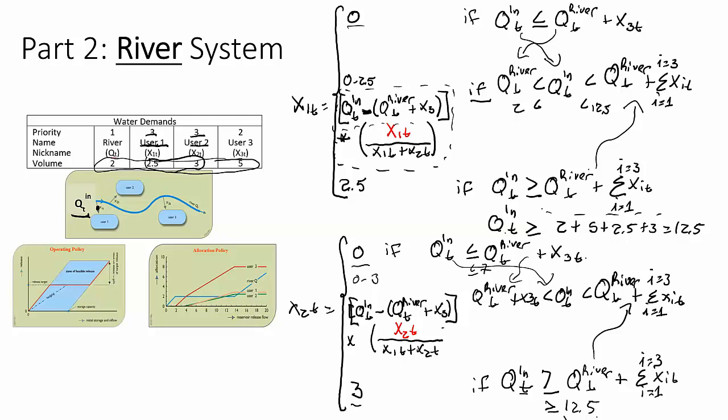So think about this: the water in excess will be divided, and user number 1 will have that water in excess allocated in the ratio of 2.5 over 5.5, and user number 2 will have it in the ratio of 3 over 5.5. That's how they will be able to divert water.